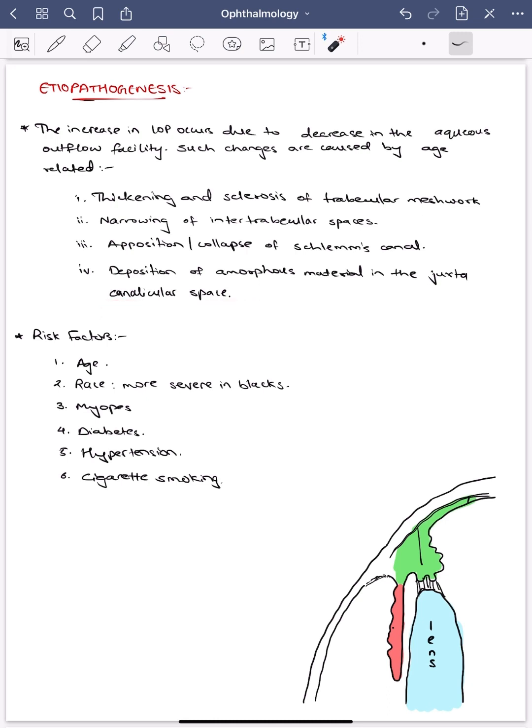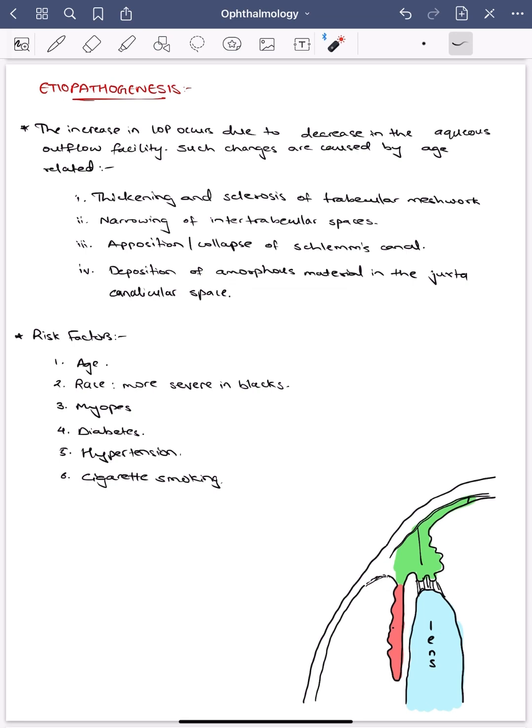So again, the basic pathology is that there is a decrease in the aqueous outflow facility. Now, this can be due to thickening and sclerosis of the trabecular meshwork. This results in the narrowing of intertrabecular spaces, and another cause can be apposition or the collapse of the canal of Schlemm, or the fourth reason is due to deposition of amorphous material in the juxtacanalicular spaces.